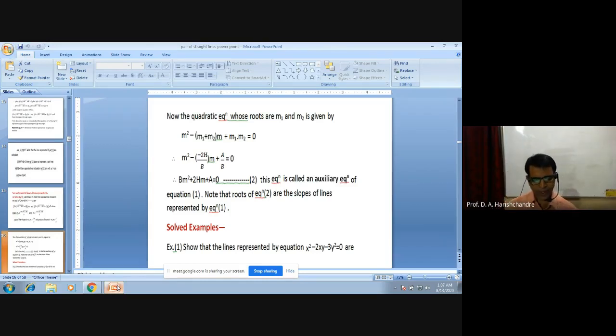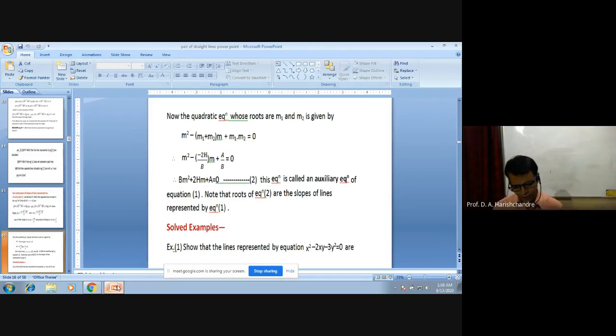So it becomes m square minus, inside the bracket, minus twice h upon b, into m plus a upon b is equal to 0. Now to remove the fractions, multiply each term of this equation by b and simplify it. Simplification gives you the final representation of the equation as bm square plus twice hm plus a is equal to 0.